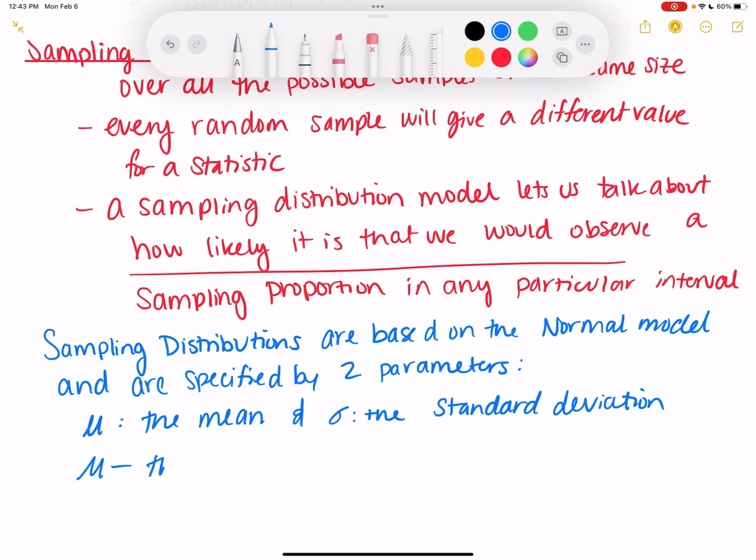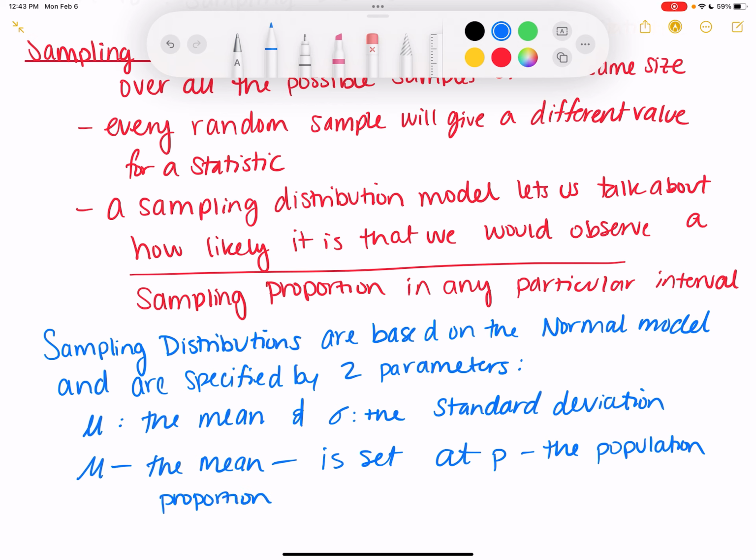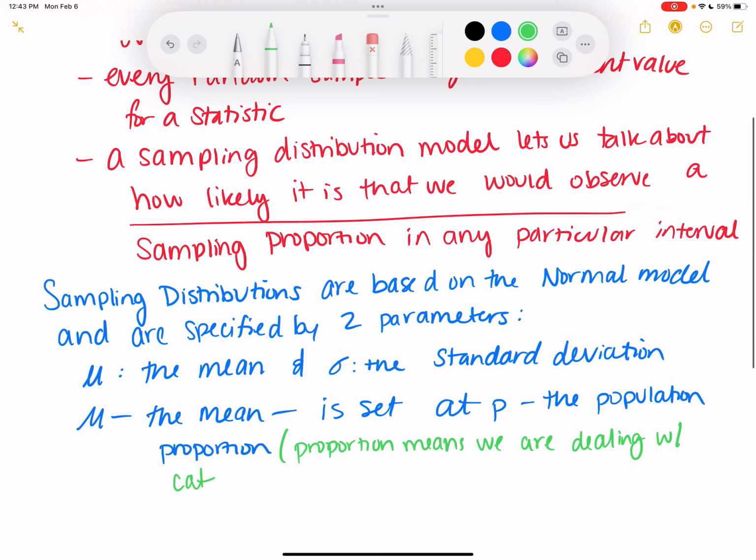Now mu, the mean, is set at P, which is the population proportion. And this proportion means we are dealing with categorical data.